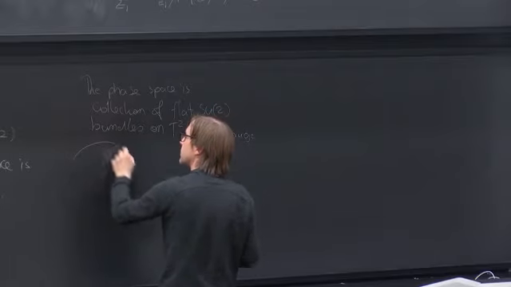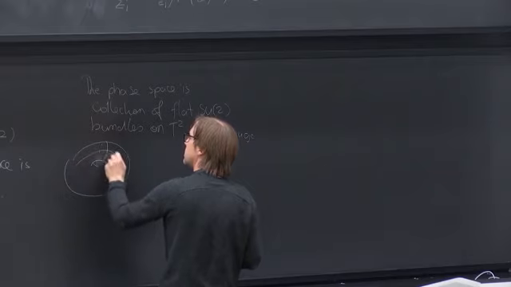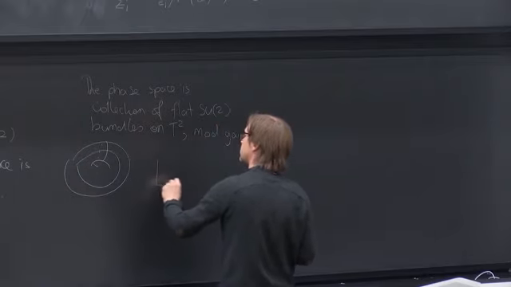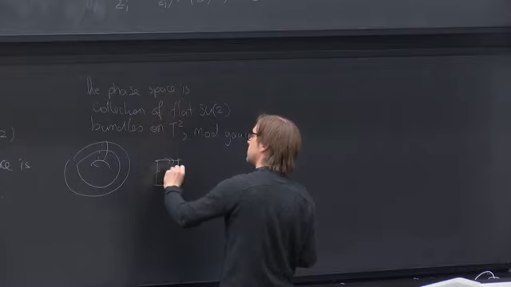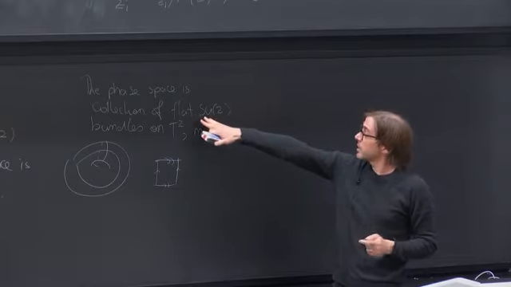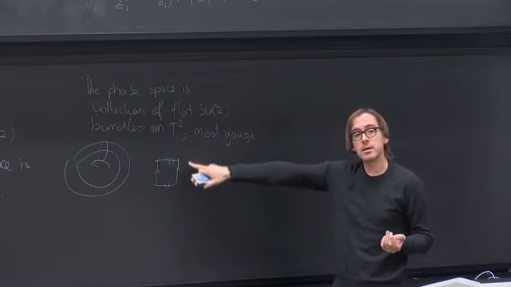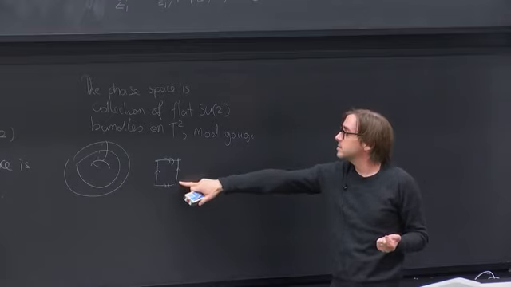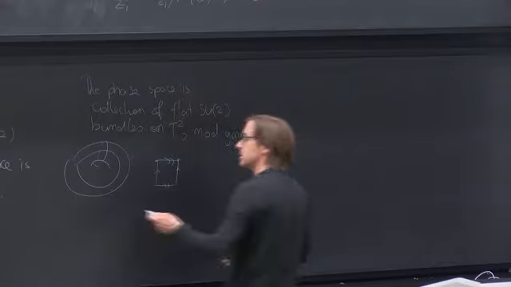So here's my two torus, and if we cut it up, it looks like a square with sides identified. A flat bundle, meaning vanishing curvature, is determined by the matrix of parallel transport around the A cycles and the B cycles.